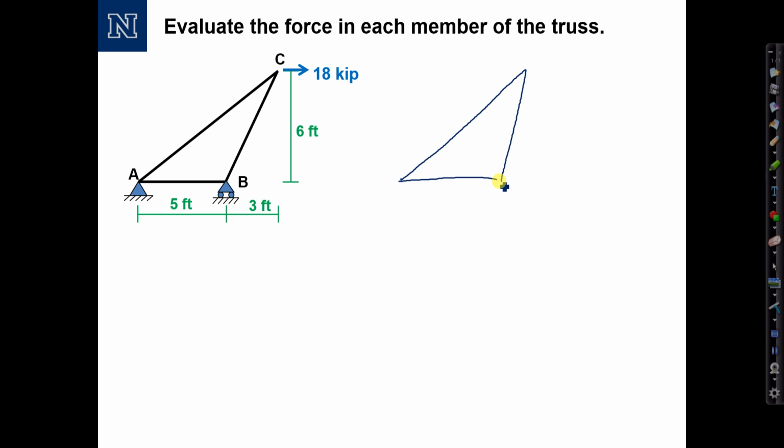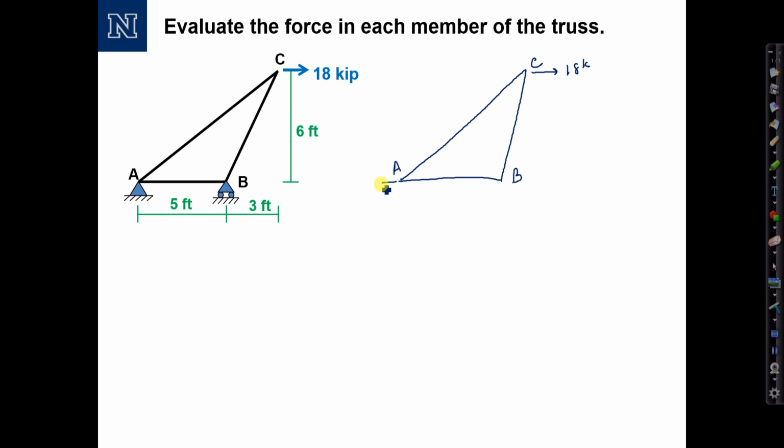the original over here. I'm going to label the points A, B, C, draw in the 18 kip load, as well as each of my external reactions. Okay, so this time I'm going to determine the signs by inspection.